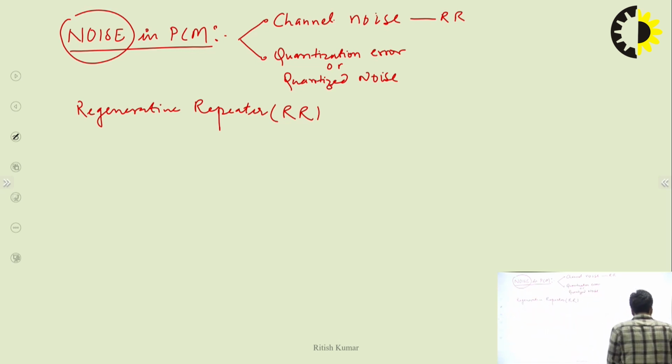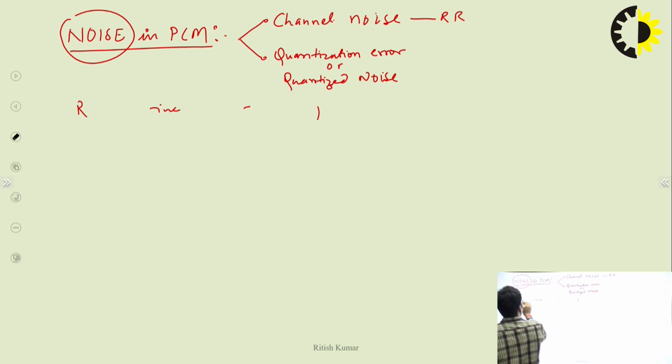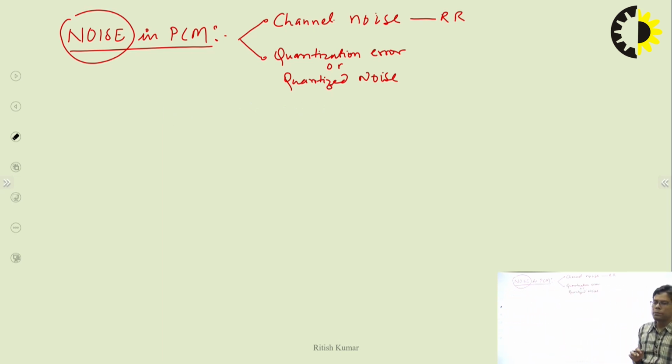This error we call quantization noise or quantization error. The quantization error is an irreversible process. That's why at the receiver side we have nothing to eliminate this quantization error.